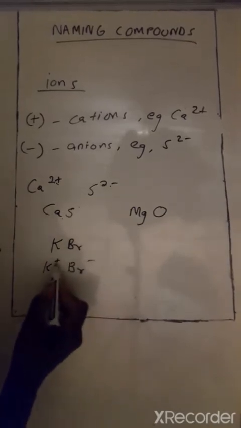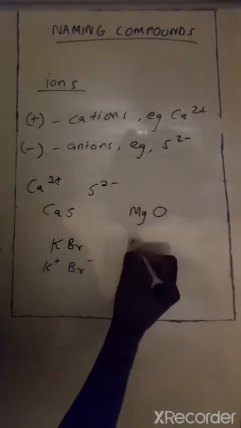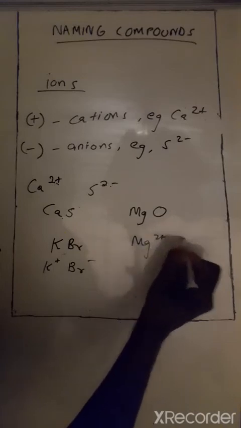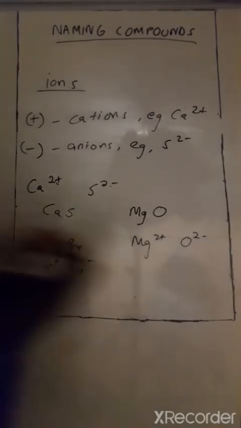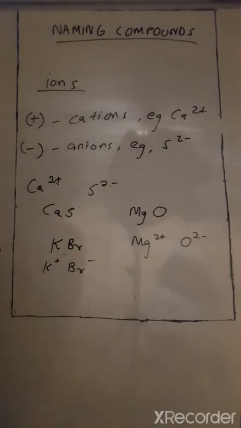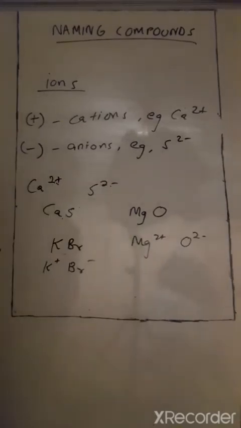Magnesium, Mg2+, O2-. And as you can see, the charges are balanced there. When you have charges that are balanced, your net charge will be 0, which means that you will write the compound as it is. You will not have any subscript added to it.